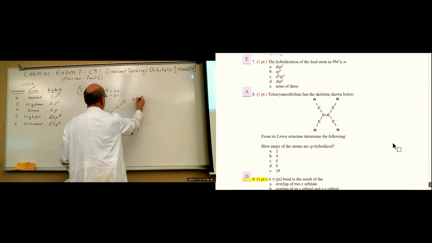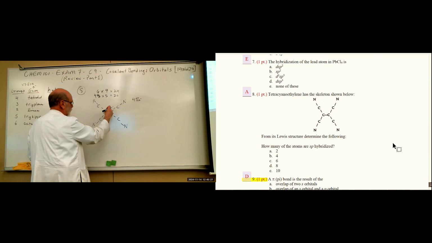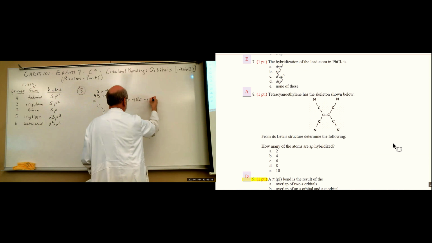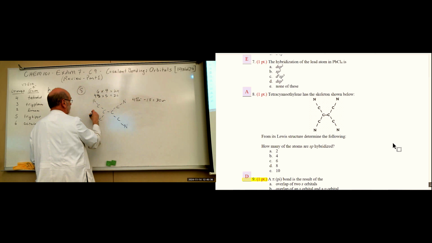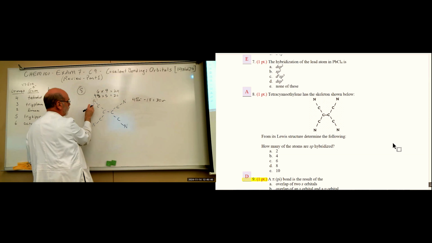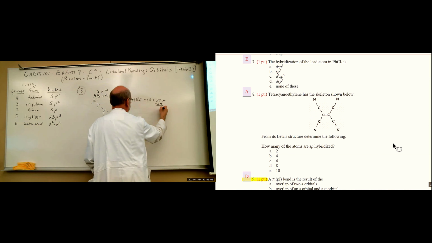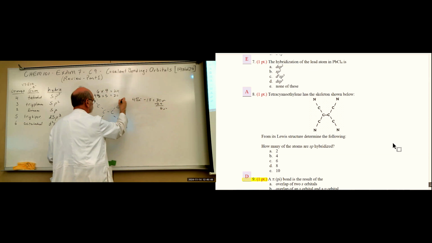We have 48 electrons. 2, 4, 6, 8, 10, 12, 14, 16, 18. That means we have 30 left. Okay, if we put 6 more to make an octet around each nitrogen, that's 4 times 6 is 24. 6 electrons left over.